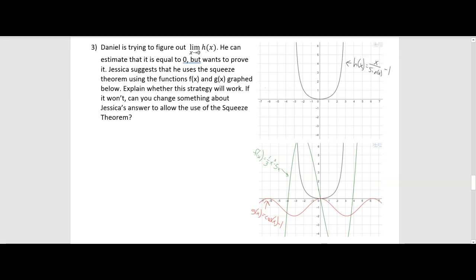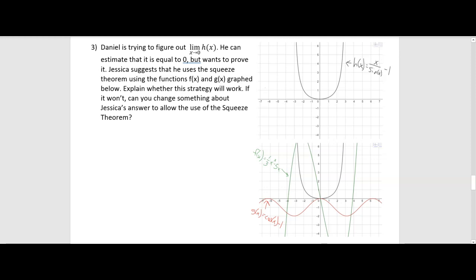So whenever we see a theorem, right, our initial conditions have to be met. For the squeeze theorem, we have to have a top function that is greater than or equal to both the other functions around whatever x value we're looking at. So in this case, we're looking at x equals 0, so we have to have a function that's greater than or equal to both other functions around that point.